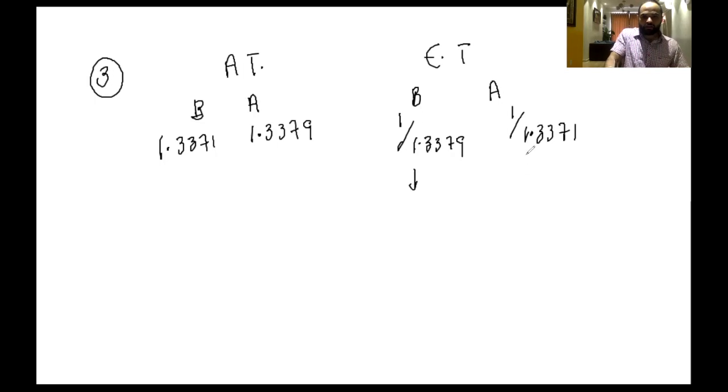If you solve it, you get 0.7479 for one and 1 divided by 1.3379 gives 0.7474.